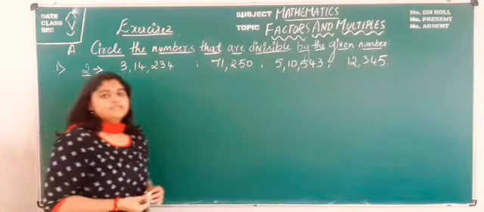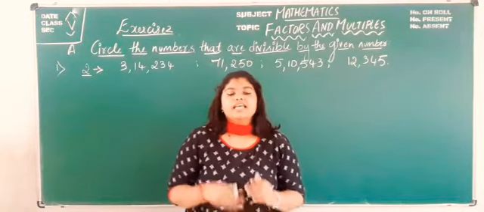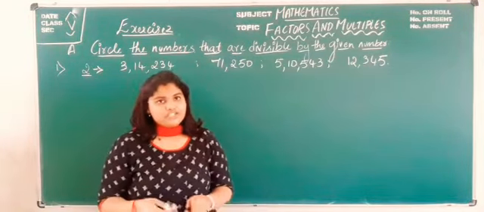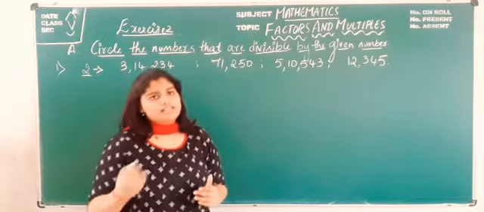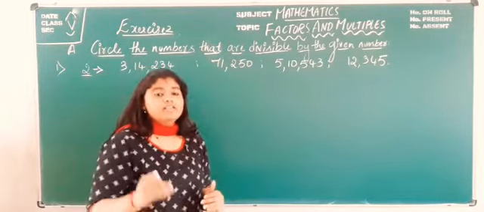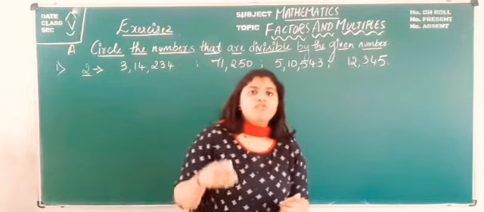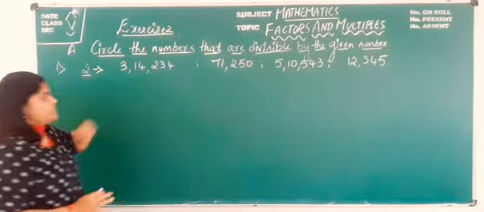So what is the divisibility rule for number 2? Yes, in the given number, the last digit should be either 0 or 2 or 4 or 6 or 8. So the last digit in the ones place should be either 0, 2, 4, 6 or 8. So first we should see the given number.